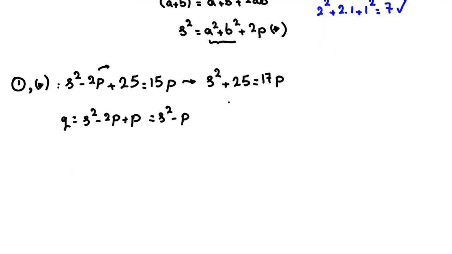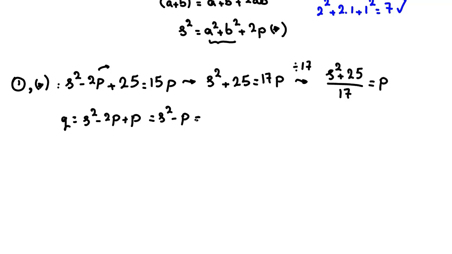Maybe you ask, how can we understand what we should replace in terms of the other one? You should check all of them. You have time, and you should check all of them. If you check S squared in terms of P, you won't reach any useful things. But if you find P in terms of S and replace it in the other one, dividing both sides by 17, we get (S squared plus 25) over 17 equals P.